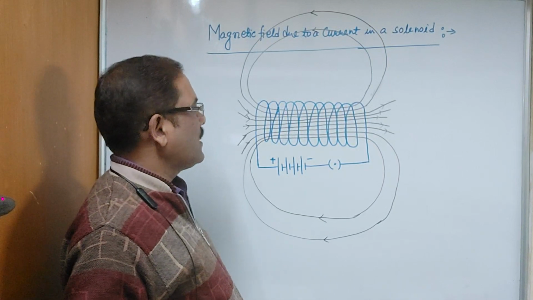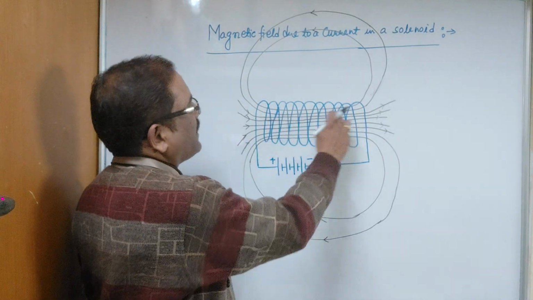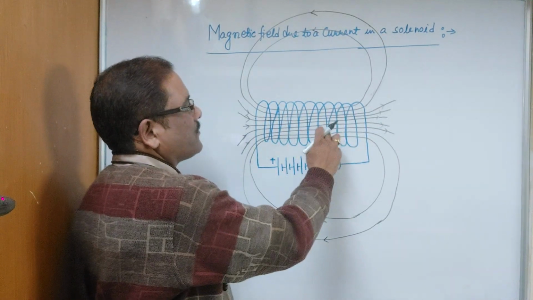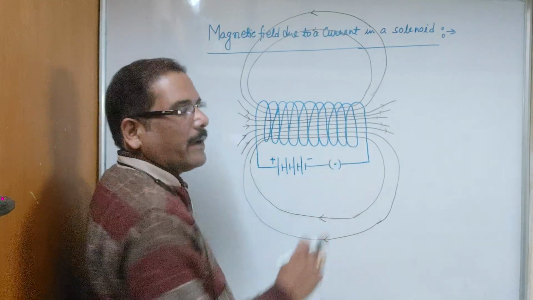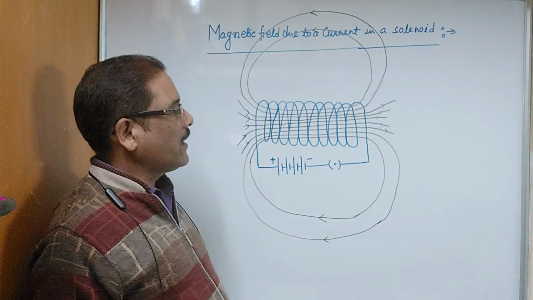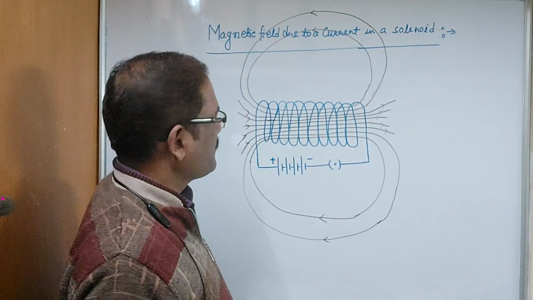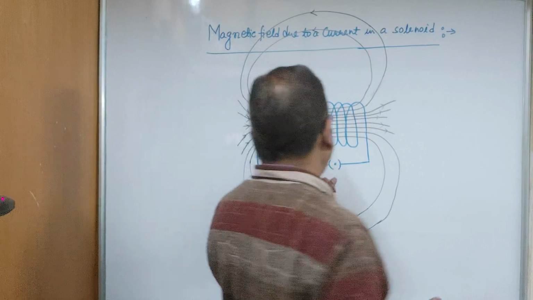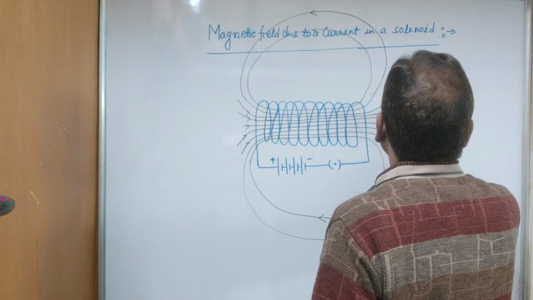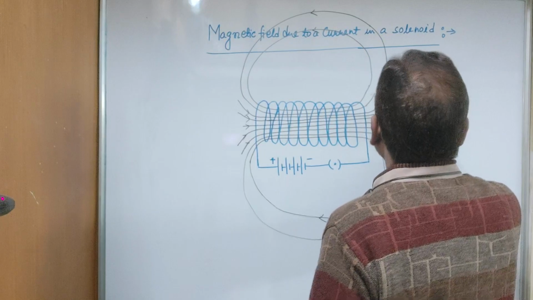When you draw this diagram, you must be careful that all these lines passing inside the solenoid must be parallel, because inside a solenoid the magnetic field is uniform throughout, and this is the negative terminal. So this side is N for negative, N for north.